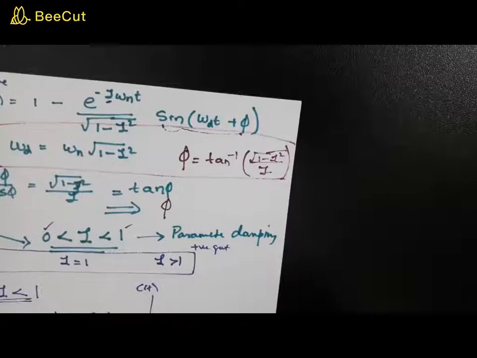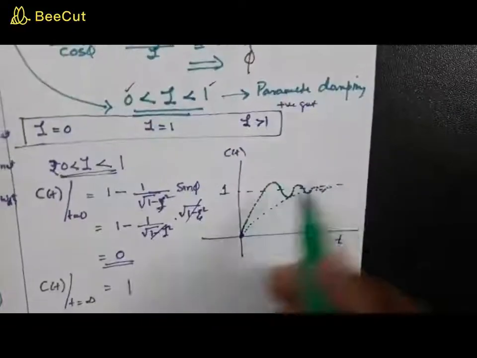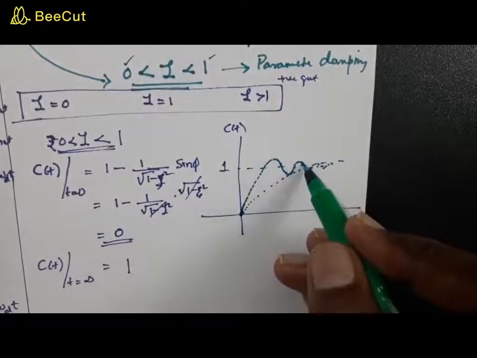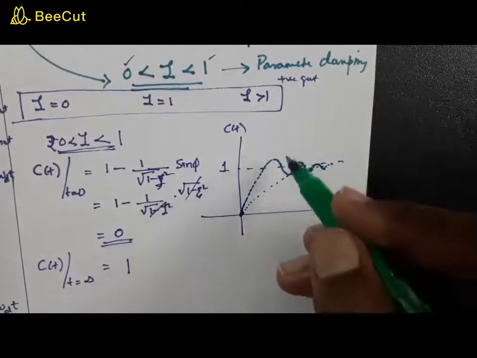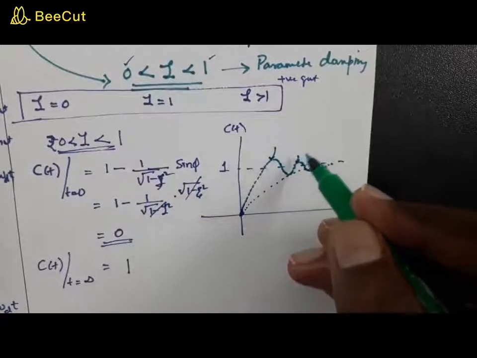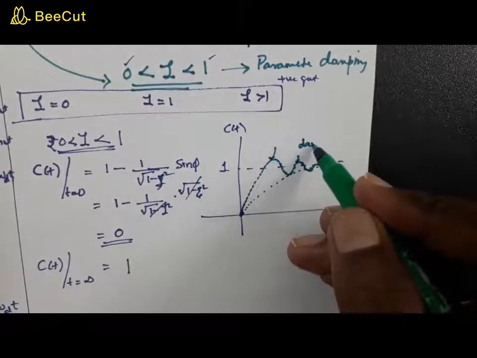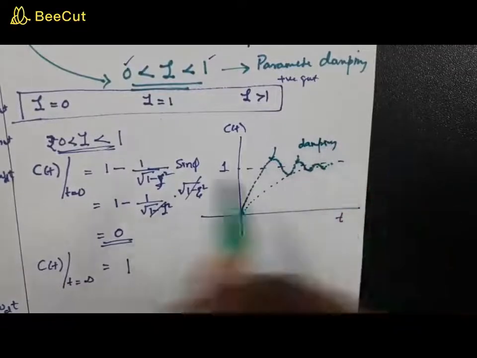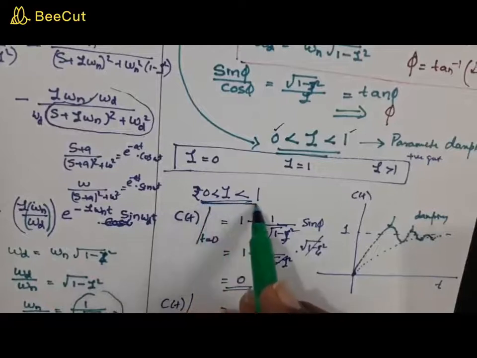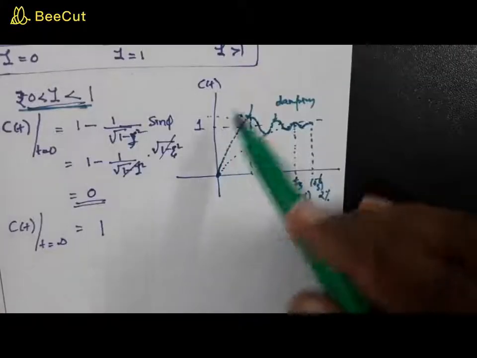It settles to 1, right? So there is an oscillation, and the oscillation finally damps. Even though there is an oscillation, this is what is called damping. And the speed of damping depends on this damping factor that ranges from 0 to 1. Okay, so this is how it is.